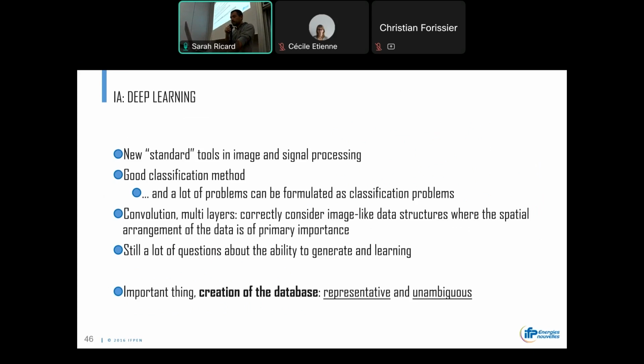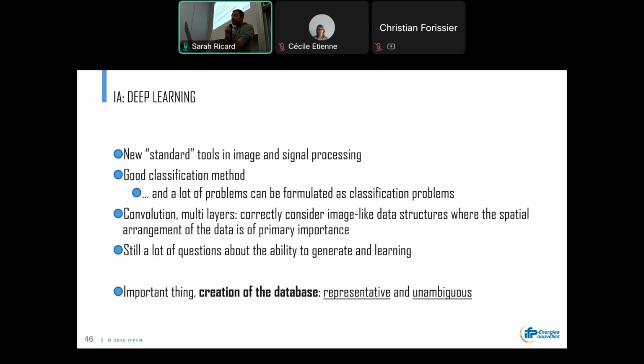It's a very good classification method, and a lot of problems can be formulated as classification problems. It's a way of seeing those things. You can see those things in other ways also, but as I explained before, you can understand a lot of problems like this.